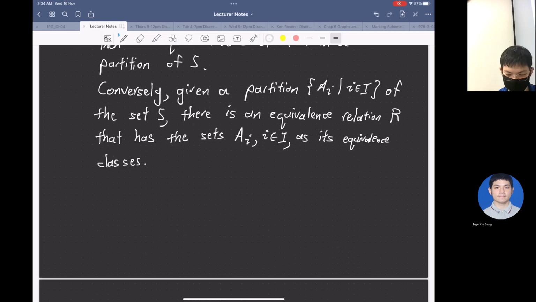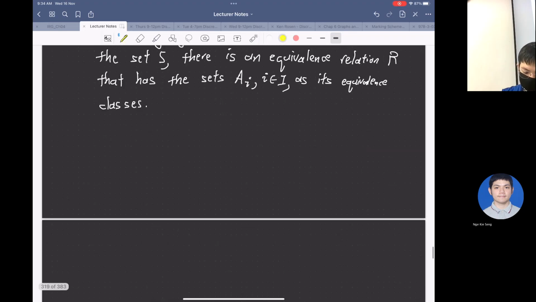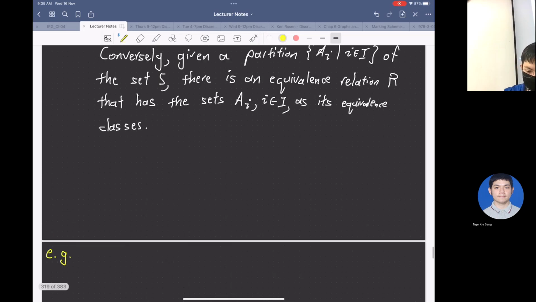So let me give you an example. Instead of proving it, I give you an example. If you want to see the proof, you can see it inside your textbook, but it's exactly the same argument as when I illustrate with this example here. So now we start with a partition.